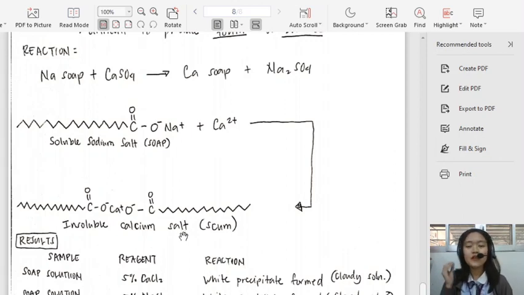Yung scum, yun yung mga naiiwan na puti na particles sa tubig kapag nagugas kayo ng kamay. Okay? Napansin nyo yan, kapag naiwan mo yung sabon or nagugas ka and then may balde, no? Yung nag-form sa taas ng water na parang puti-puti na particles, yun yung scum. Okay? Insoluble calcium or insoluble soap. Okay?